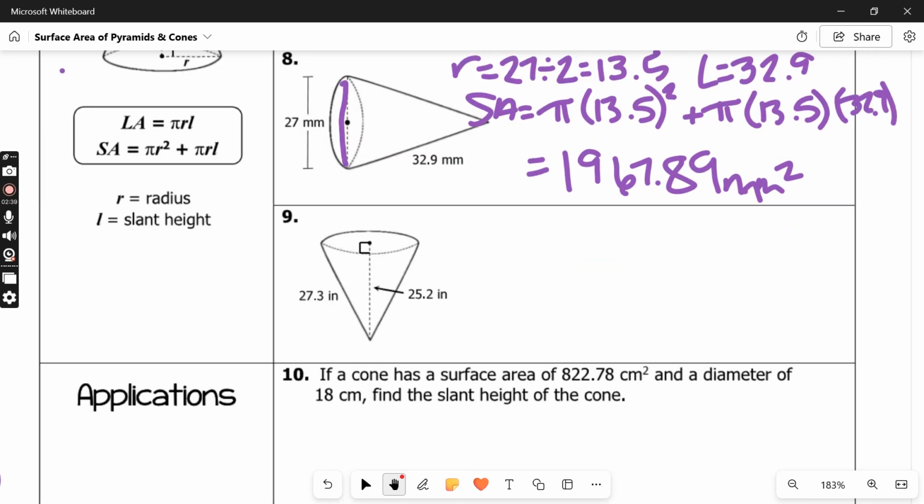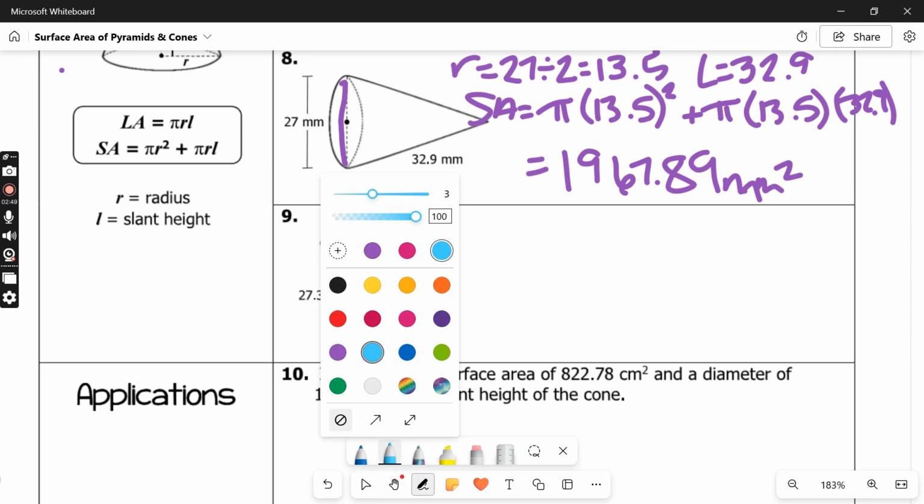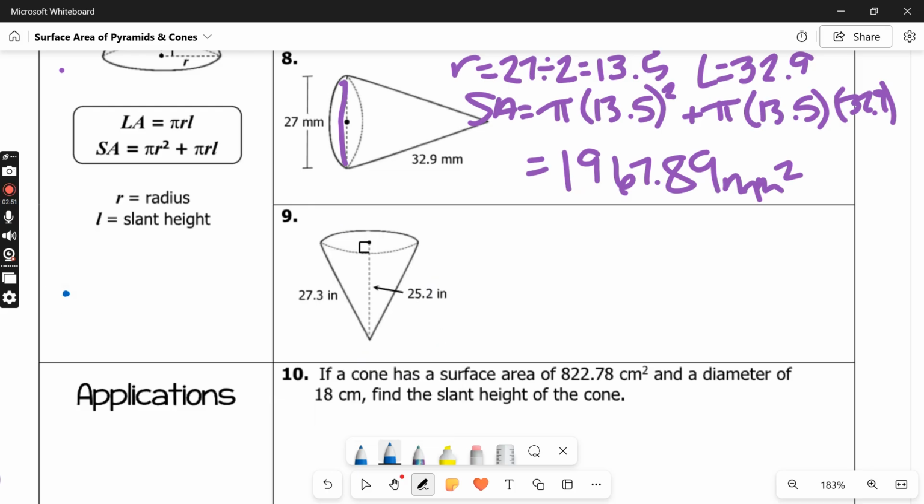Alright, now on number 9. Number 9 is a little bit different because we need to find our radius first. We can look at this like it's a right triangle, because it is.